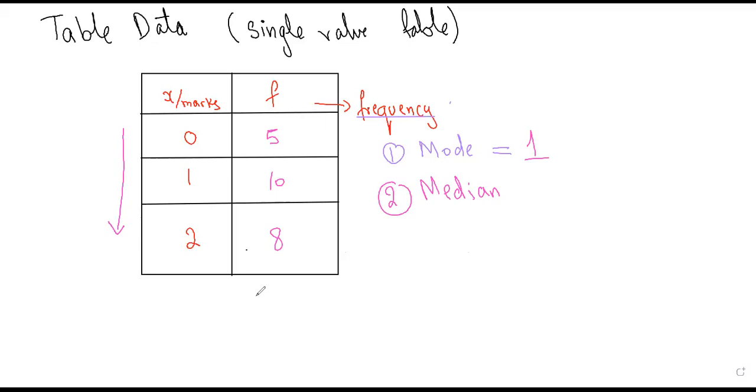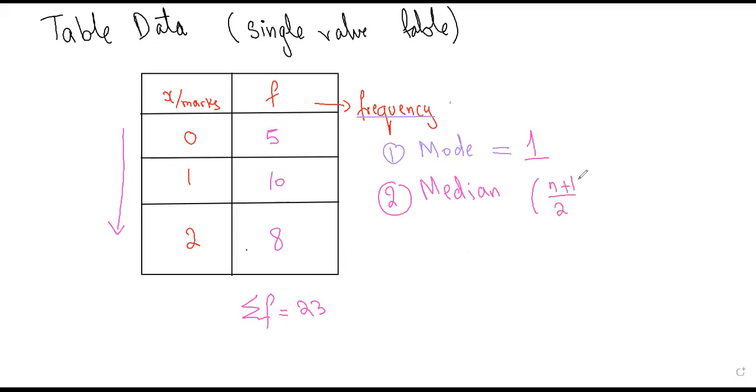So in total, if I find summation f, that would be the sum of frequencies. It is 8 plus 10 plus 5. So it would be what? Yes, it would be 23. Okay. So we have 23 students in this case. So n is 23. What is the formula?